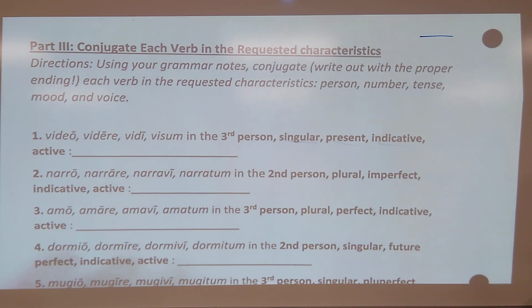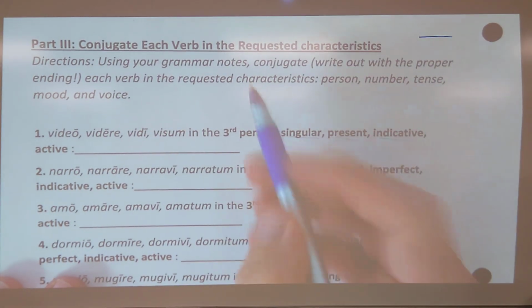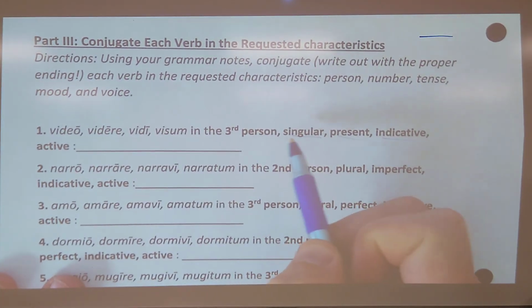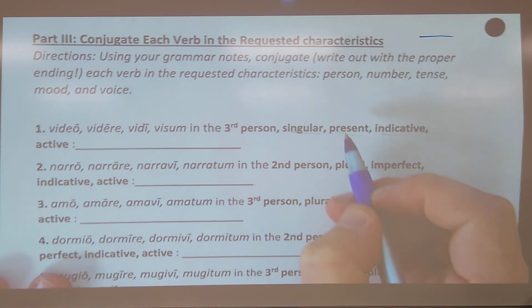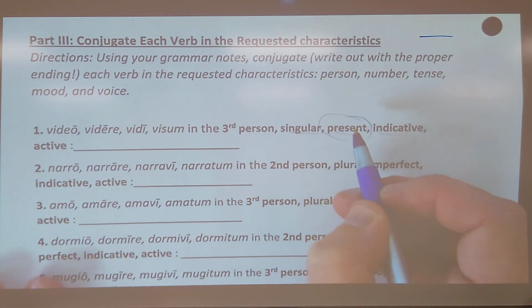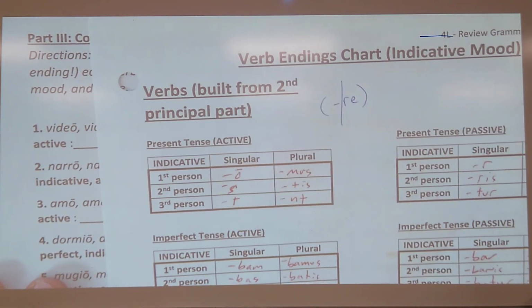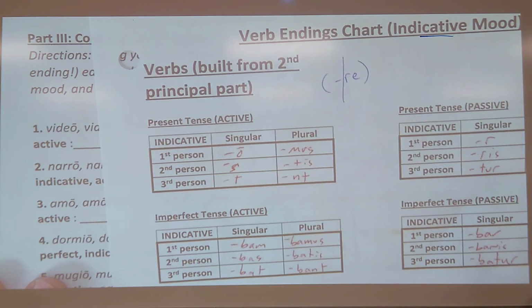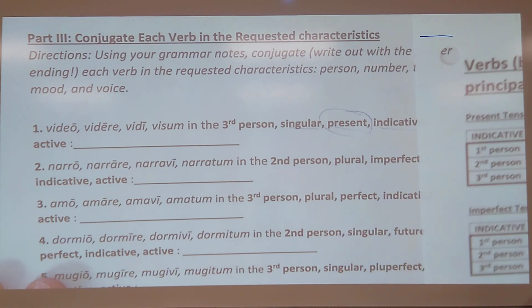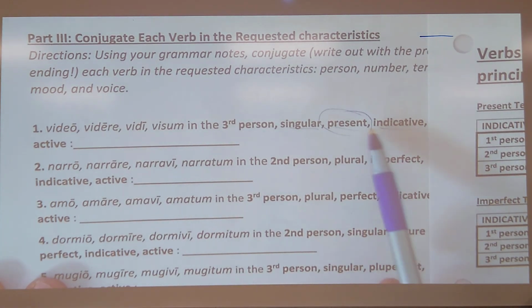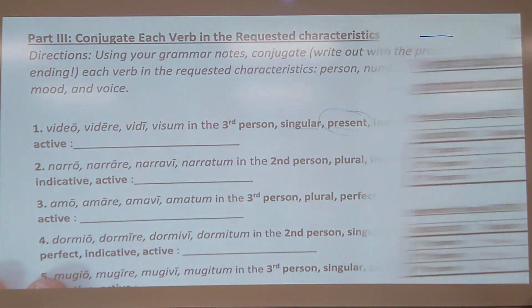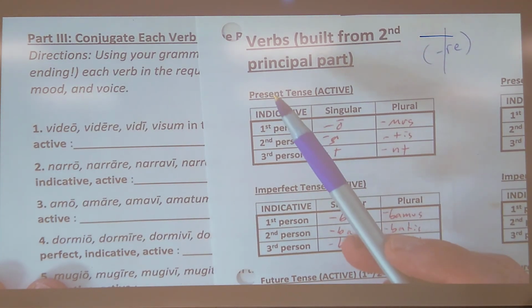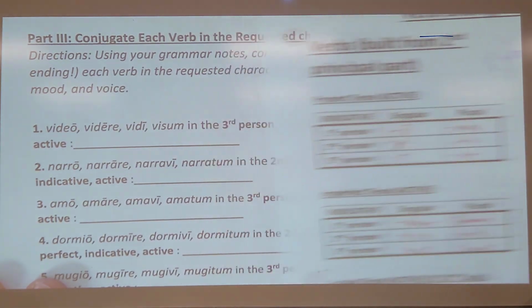Okay? So, we know it's going to be third person singular. Now, we notice that since it's present, we're going to be on the front side of our verb endings chart, okay? Because that's where the present tense stuff is. So, present tense, and we know it's going to be present indicative, active. Oh, here we go. Present indicative, active.